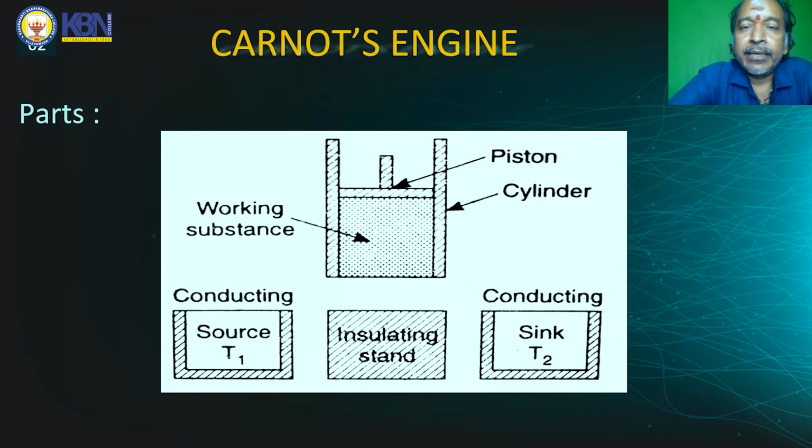So here the Carnot's engine, its main parts are represented here. The first part is the working substance, and then the source, the insulating stand, and the sink.